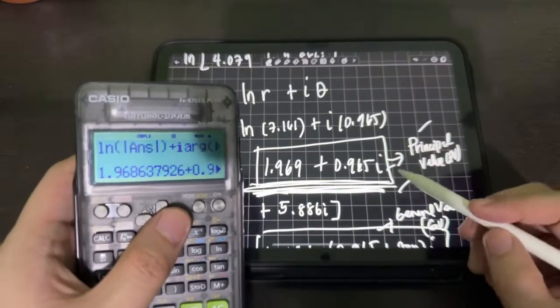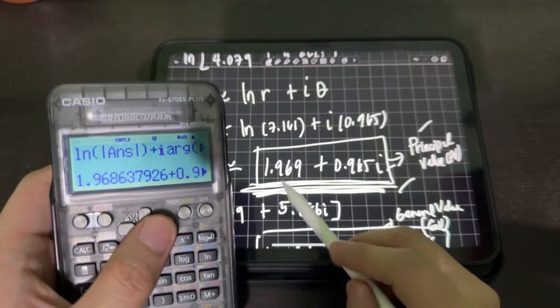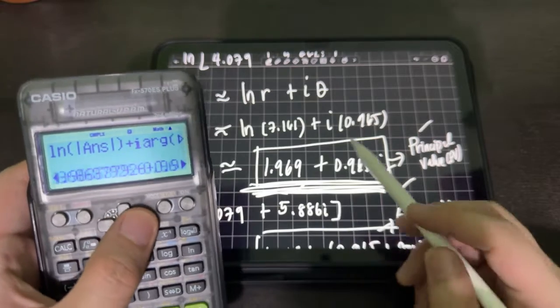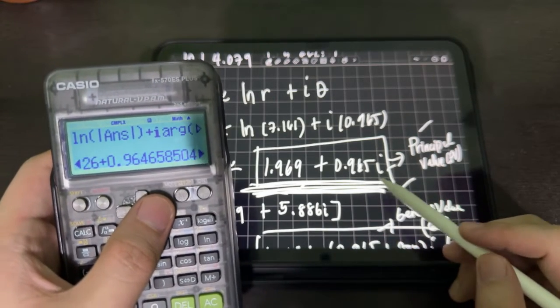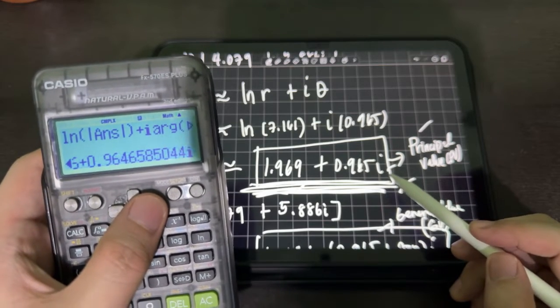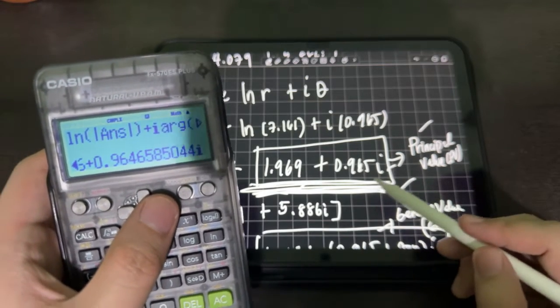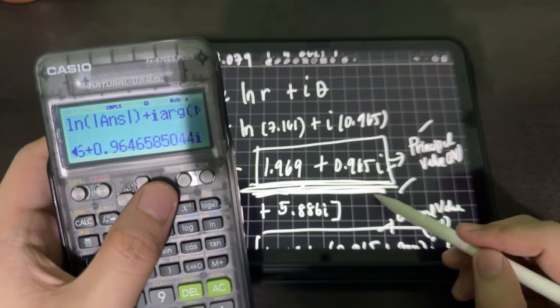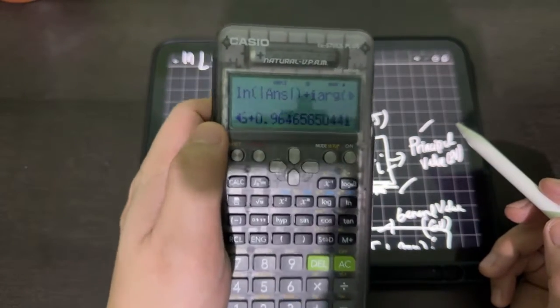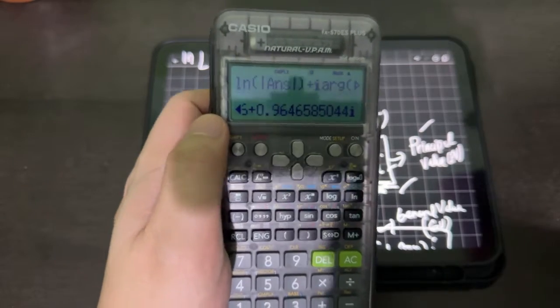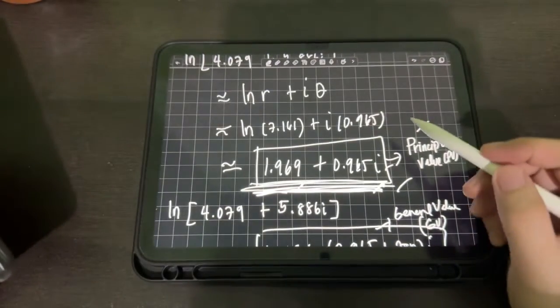Approximately 1.969 for the real part plus 0.965i for the imaginary part. So we're correct to three decimal places. This is the exact value of the complex number when you try to input it in the calculator.